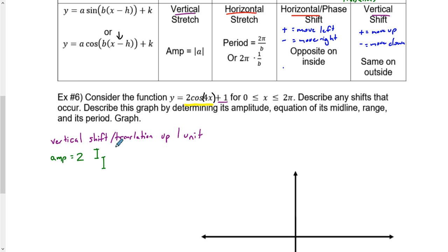Equation of the midline. Now that's a new one. The normal midline for a cosine graph, because the cosine graph starts up, goes down, and goes back up, that midline is the x-axis.